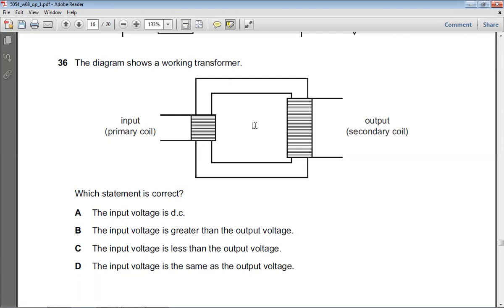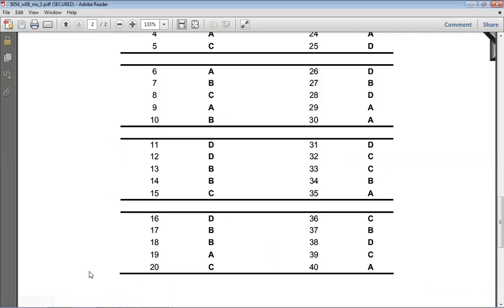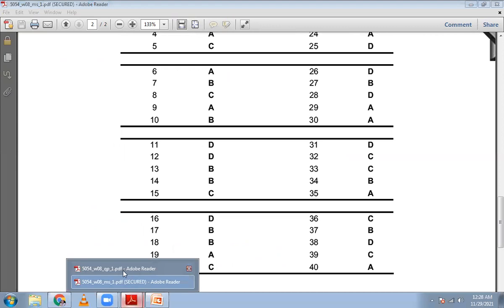The input voltage is less than the output voltage. Yes, that is the 100% correct statement. The input voltage is the same as the output voltage. That is wrong. So I think question number 36, C looks the best option. Question number 36, C looks the best option. Yes, that's true. Okay.